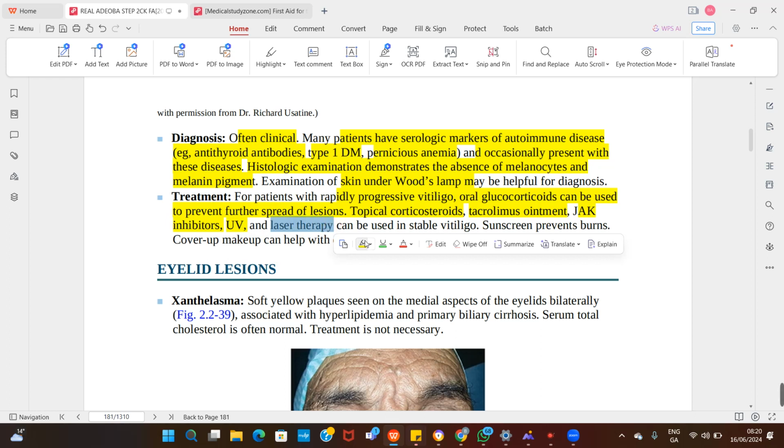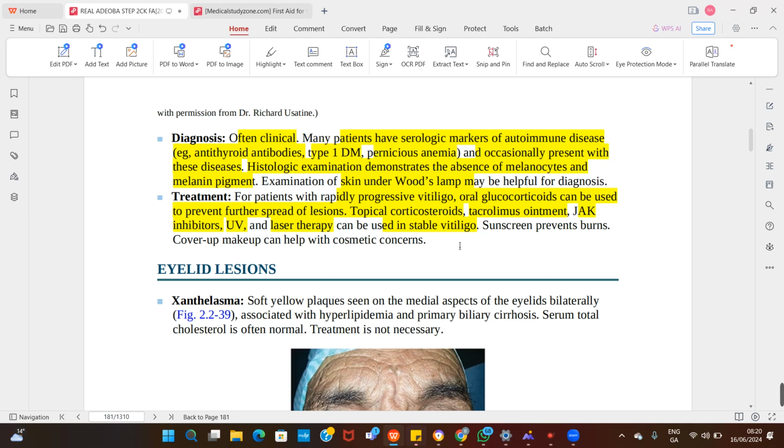Most of the time, it won't get to this, because all these are used in stable vitiligo, not when it is highly progressive, because the ideal pattern of vitiligo is that it is slowly progressive. So you can just give topical steroids. If that doesn't work, give calcineurin inhibitors, tacrolimus. If that doesn't work, you can consider phototherapy, laser therapy, or JAK inhibitors like baricitinib, right?